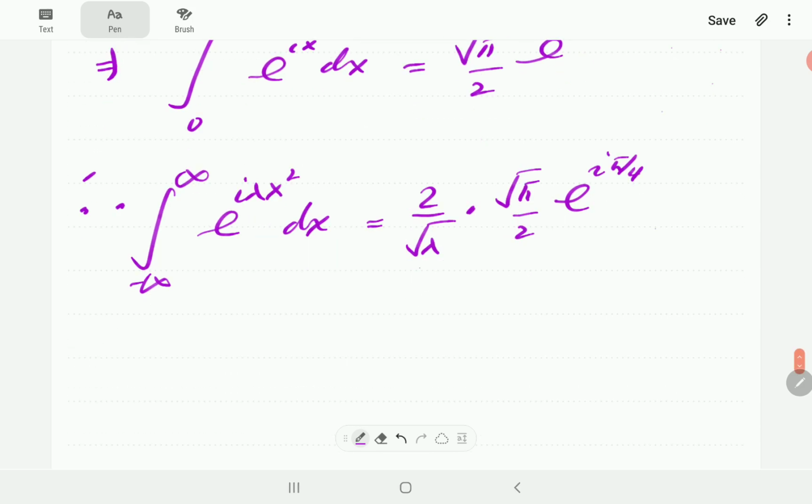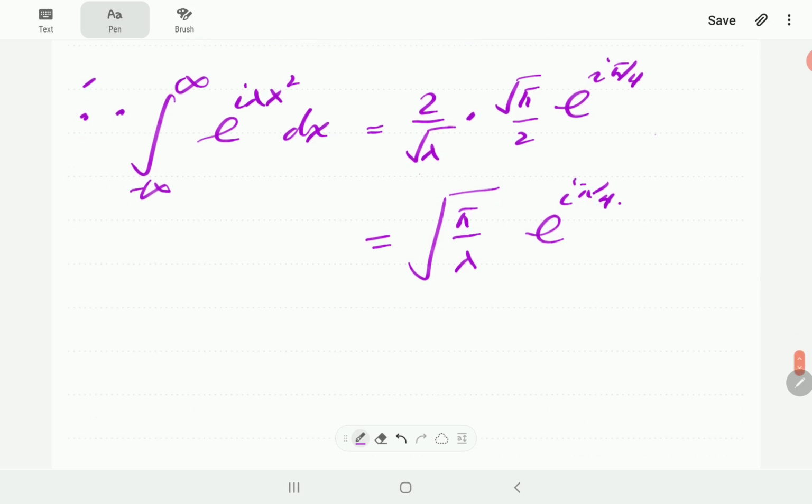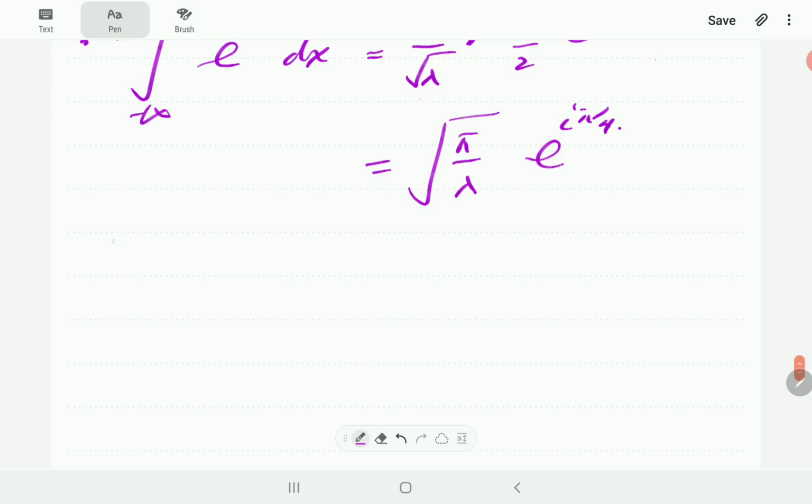And then this simplifies to square root pi over lambda e to the i pi over 4. So that result has been derived.